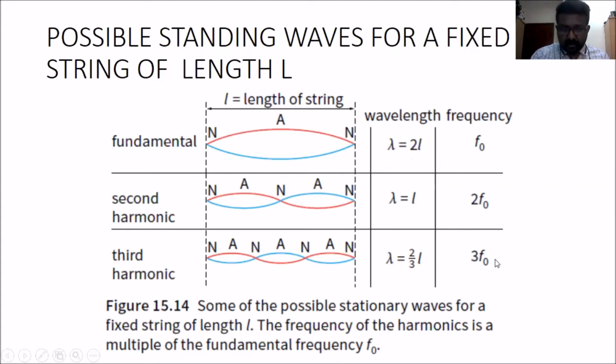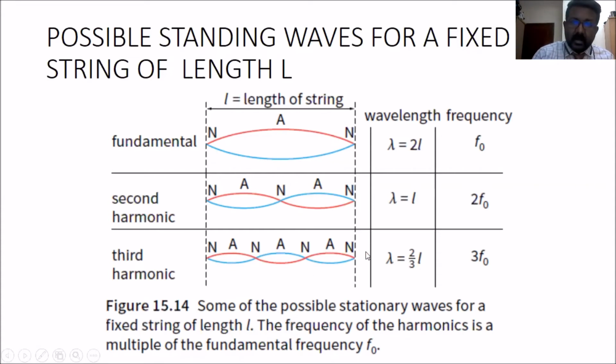It is also important to note how many nodes and antinodes are formed. For the second harmonic in a string, there are 3 nodes and 2 antinodes. And for the third harmonic, 4 nodes and 3 antinodes.